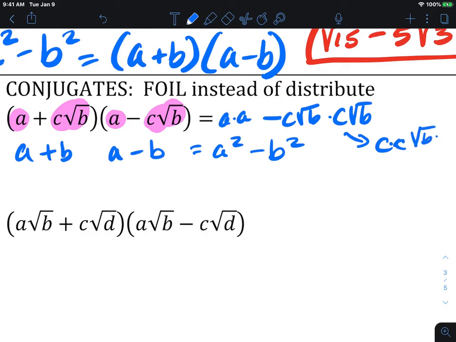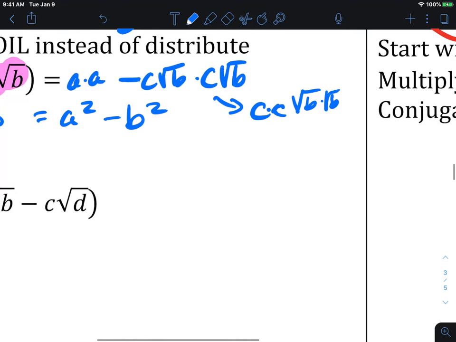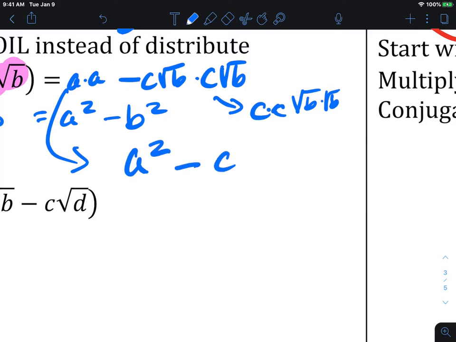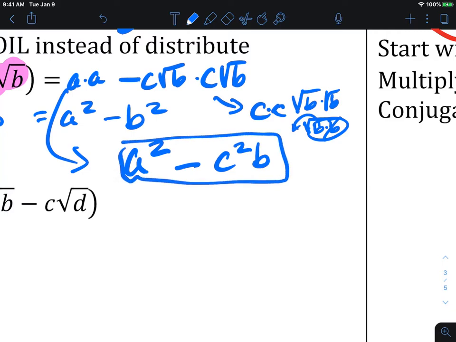And radical b times radical b, let's see, how's that going to work? Well, this is going to become a squared minus c squared. And then this radical b times radical b, that's going to be 2 radical b's in the same radical prison. One's going to make it out. So the b is free. A squared minus c squared b.